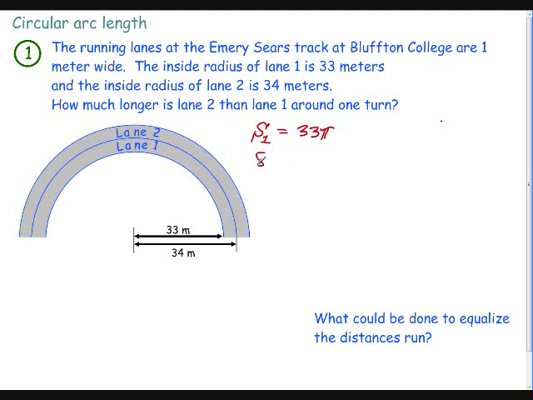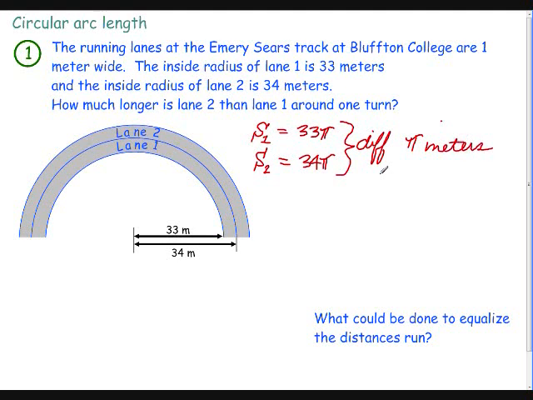And the arc length for the second track, so that's pretty easy to see. The difference is 1 pi, and what's our unit of measure? Meters.